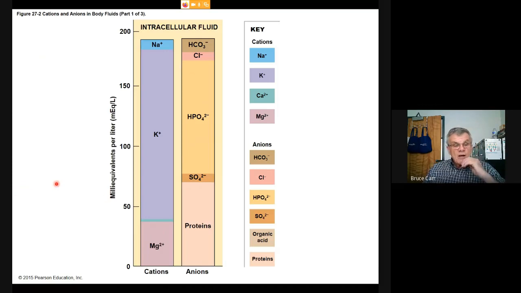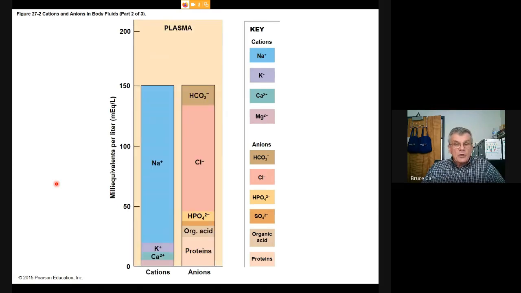So inside, big thing to remember, potassium and magnesium, phosphate and proteins as major components. What about outside? Well, here we have two different pools. The first we'll look at is the plasma, the circulating fluid carrying the blood cells. What do we find?